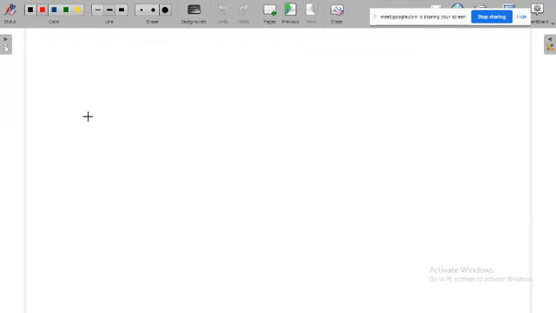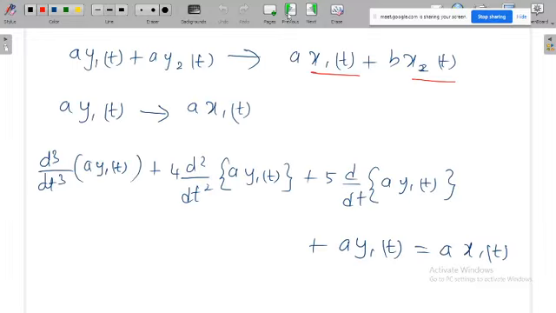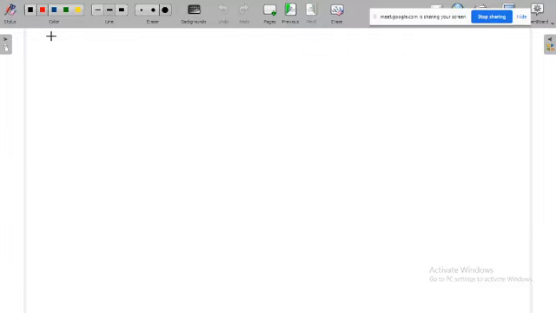So then what I have to do? A y2 of t. If you apply a y2 of t, then what could have been your input? The input could have been b x2 of t.